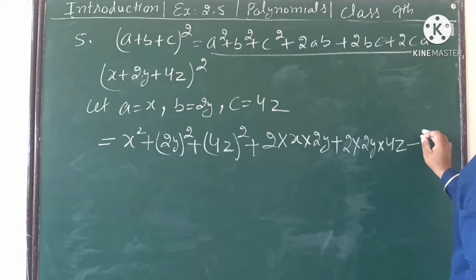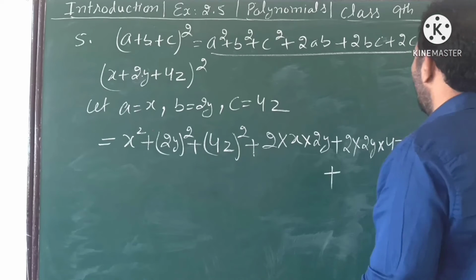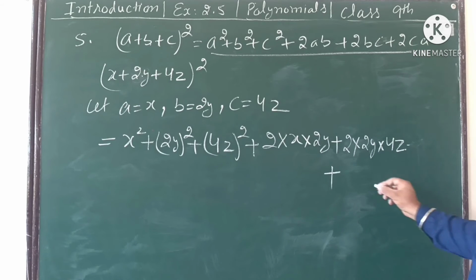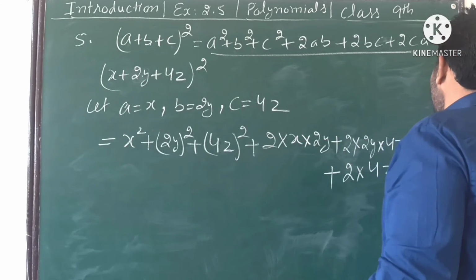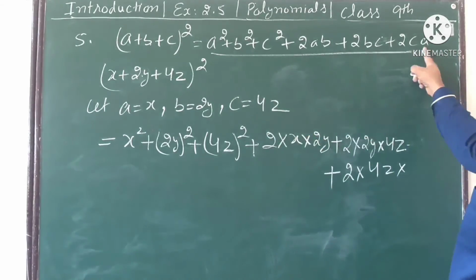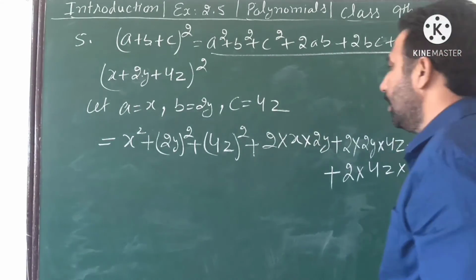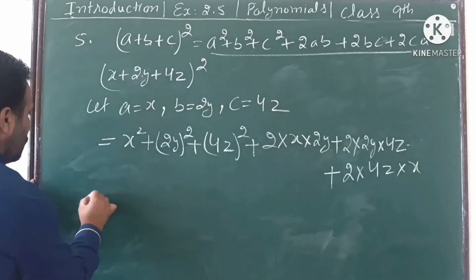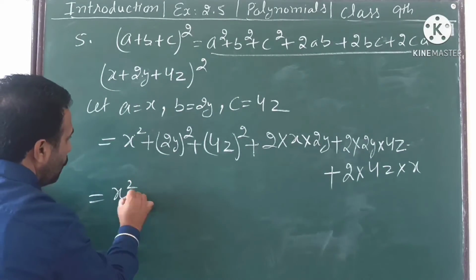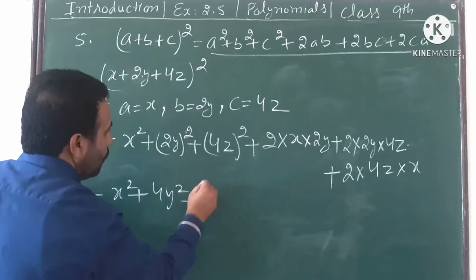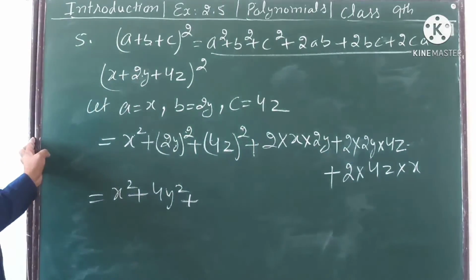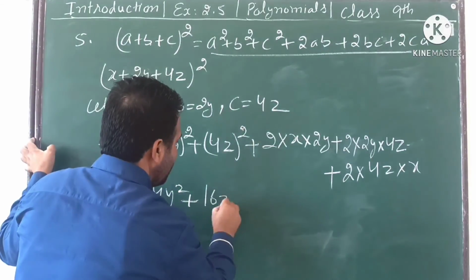Okay, plus 2ca, 2, the value of c is 4z and the value of a is x. Okay, now we will solve this equation, that is x square, 2 power 2, that is 4, and y square, 4 power 2 means 4 4 are 16, z square.